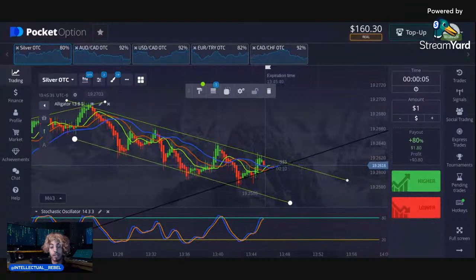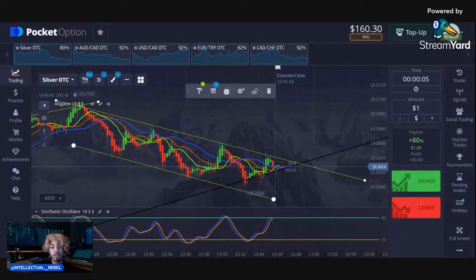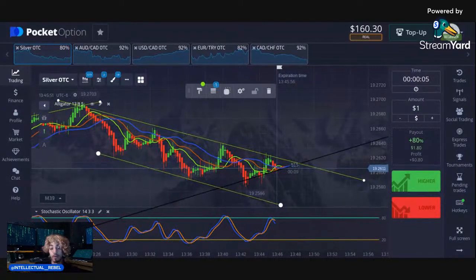So first, even though minutes behind is not really relevant, it's still really good to check the structure of the market first before placing entries.